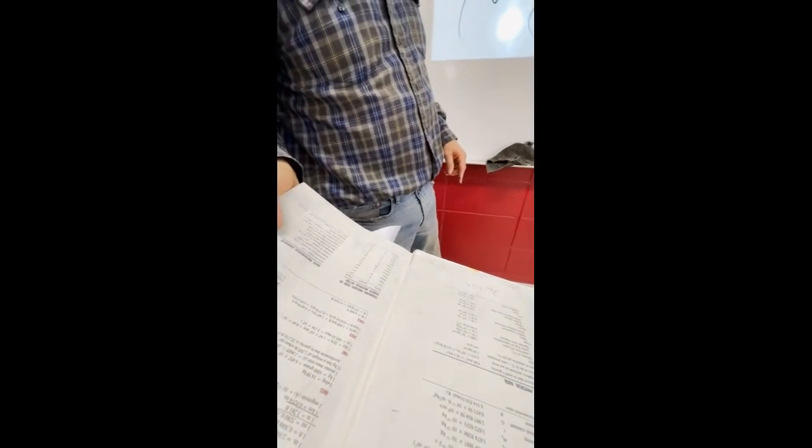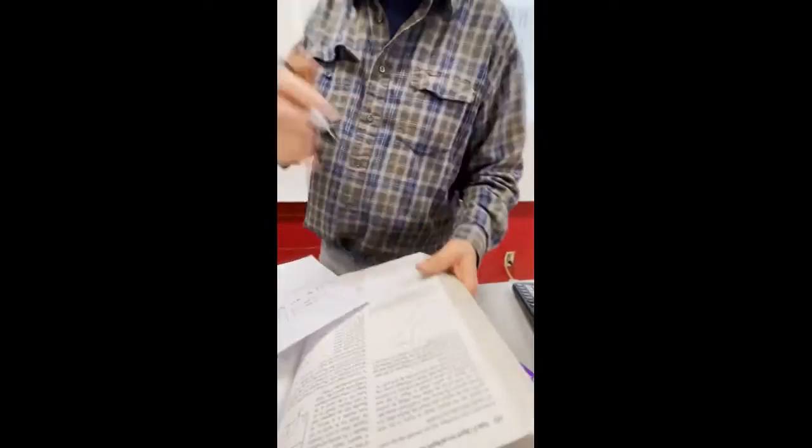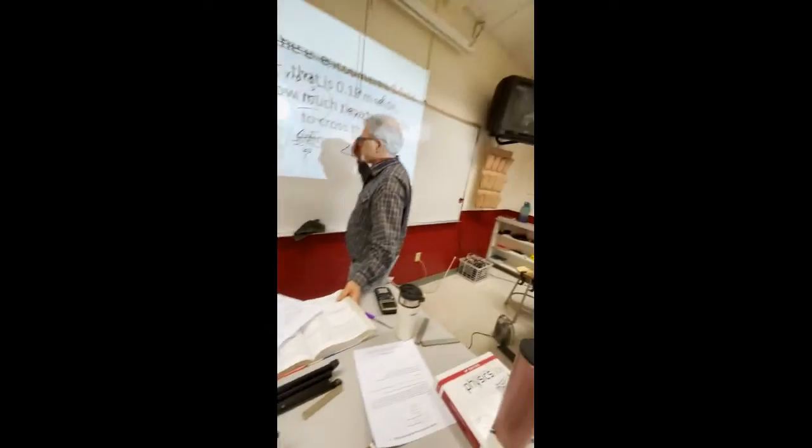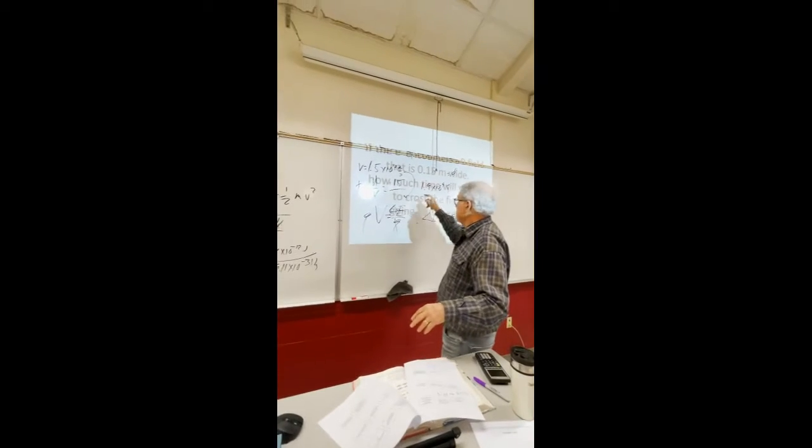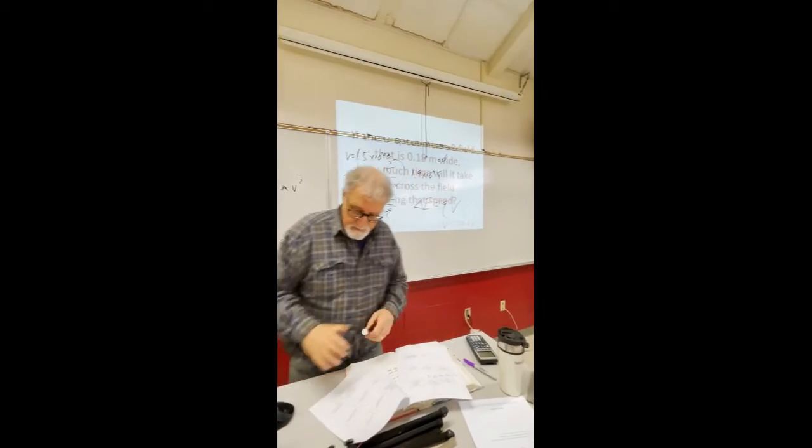It's 10 to the negative 9, right? Yeah, 10 to the negative 9. I was like, wait, that's a big number. That's a long time. 10 to the negative 9 is a nanosecond. So it's going to cross that in 1.9, a little under 2 nanoseconds. Okay?